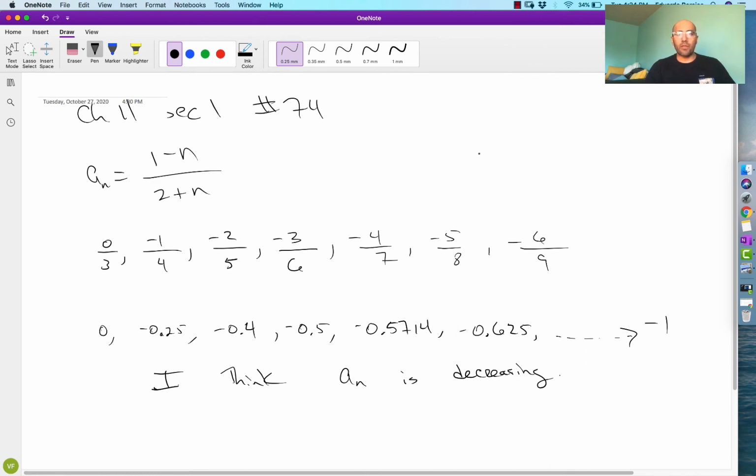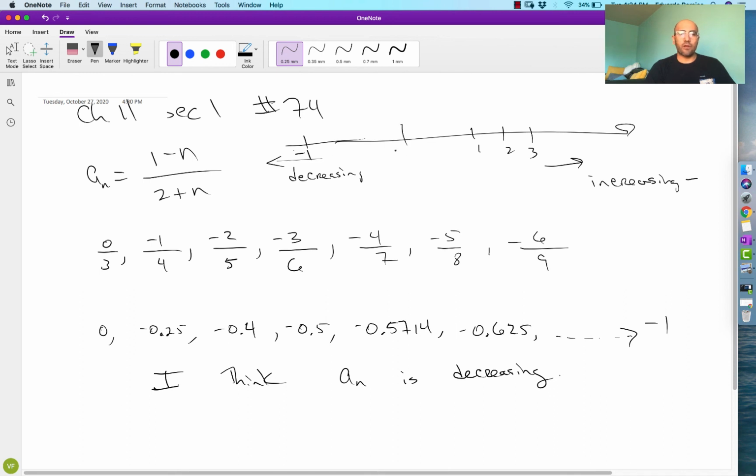Remember on the number line, when values go 1, 2, 3, they go that way, that's increasing. So when values go 3, 2, 1 in this direction, they're decreasing. Here's negative 1, and the numbers are heading toward negative 1. So I think they're decreasing.